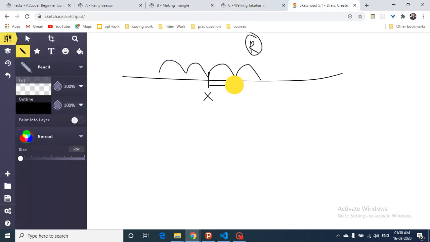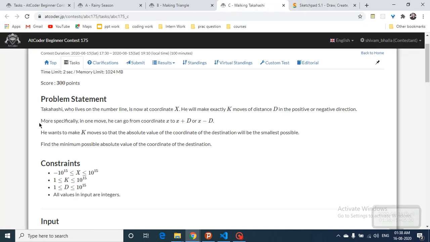So this distance is d, then again this distance is d. More specifically, you can go from x to x plus d or x minus d. Now he wants to make k moves so that the absolute value of the coordinate of the destination will be the smallest possible.